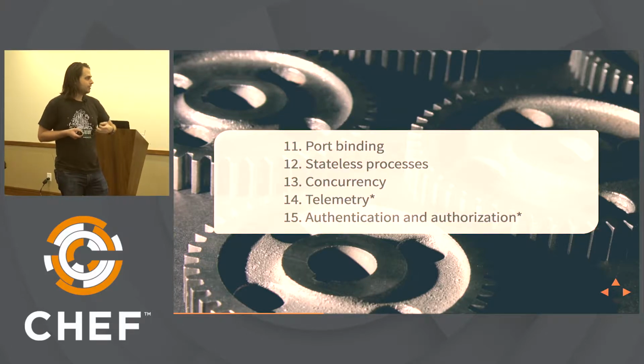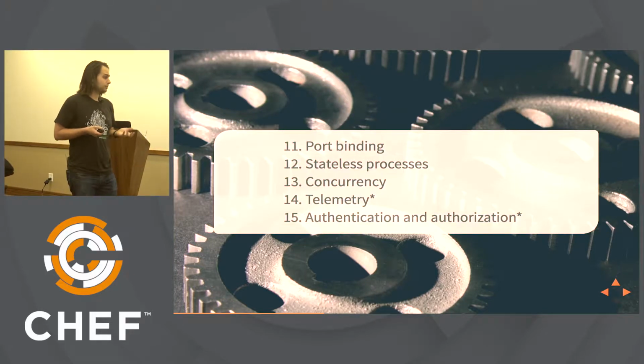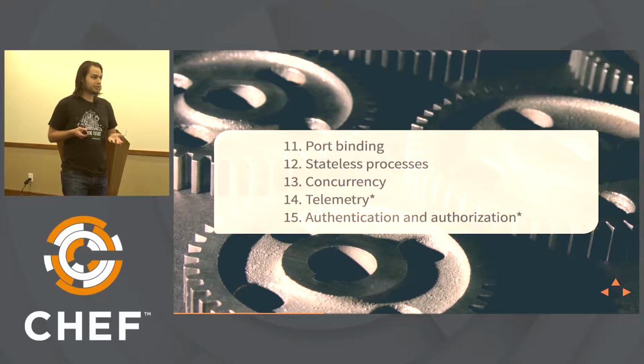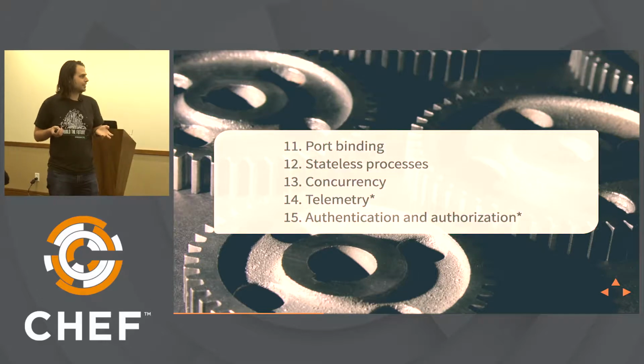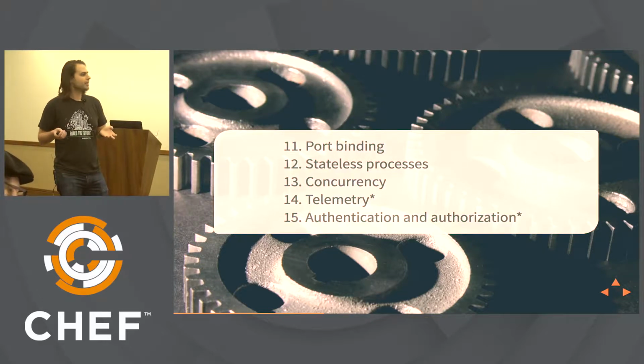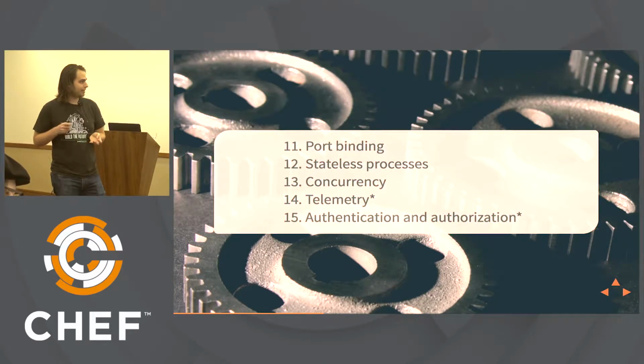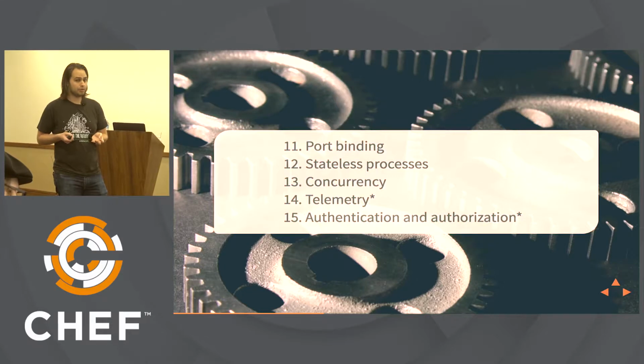And so that kind of brings us to the next topic of concurrency. Concurrency is being able to run multiple concurrent instances of your application simultaneously. Telemetry is another one, asterisk as well, because it is a new thing to the 12 factors.